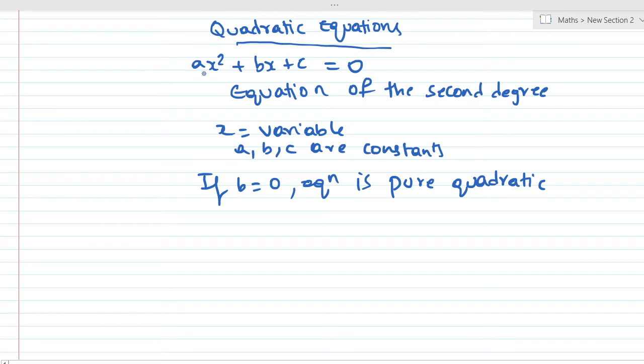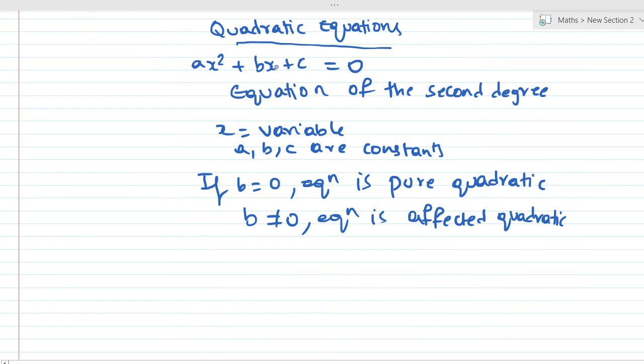So it means it is a pure quadratic because it has only x raised to the power of 2. If b is not equal to 0, the equation is an affected quadratic, because we have the term x also here.